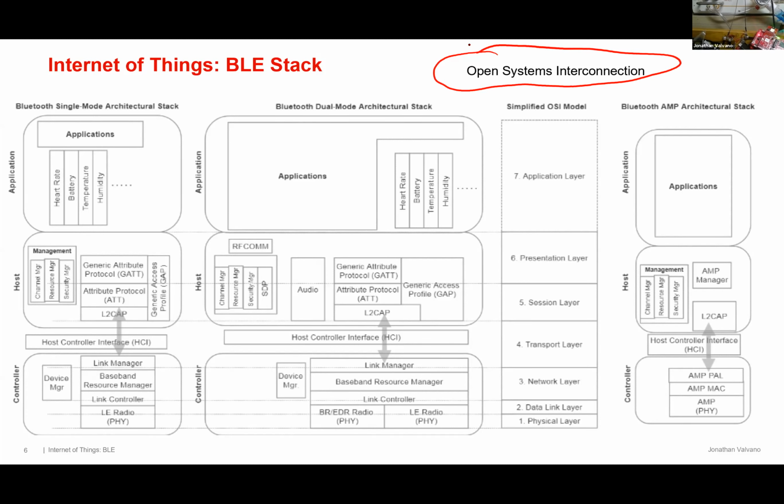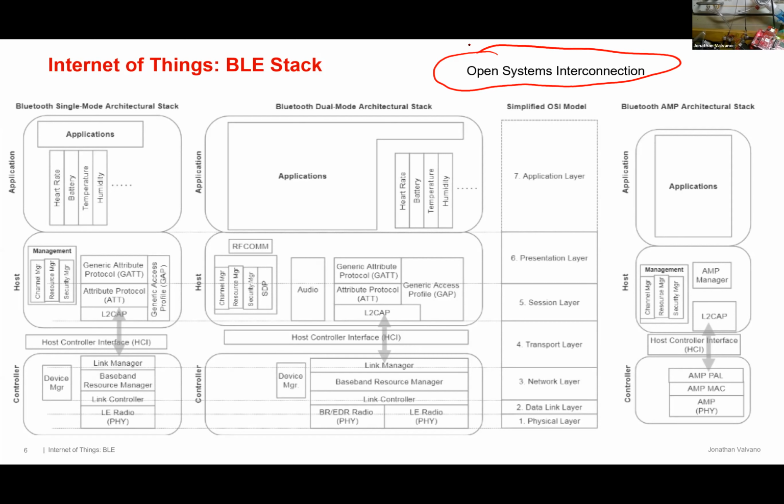This Open Systems Interconnect standard model has 7 layers, and most actual implementations will compress a bunch of the layers into one, so this in Bluetooth is also compressed.